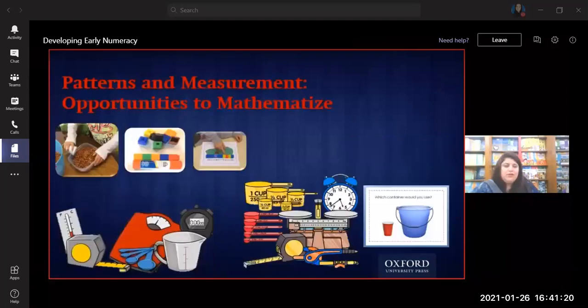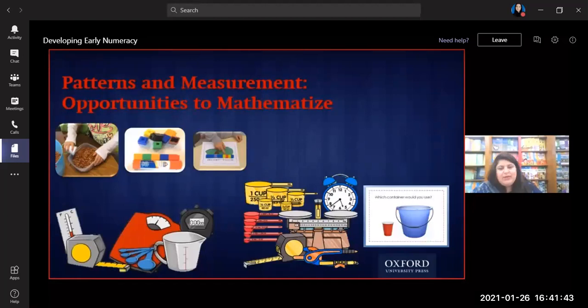Here you can see that children are actually measuring with a cup. They can also use these little blocks to measure the length of various other objects. So initially, if they start measuring with objects of their choice, it's just fine. That's just okay.